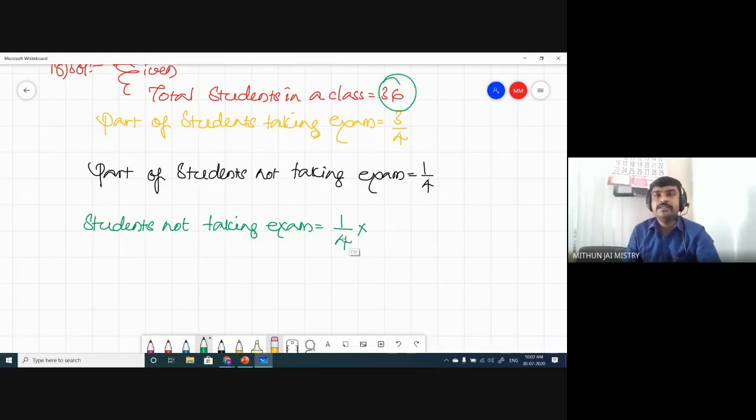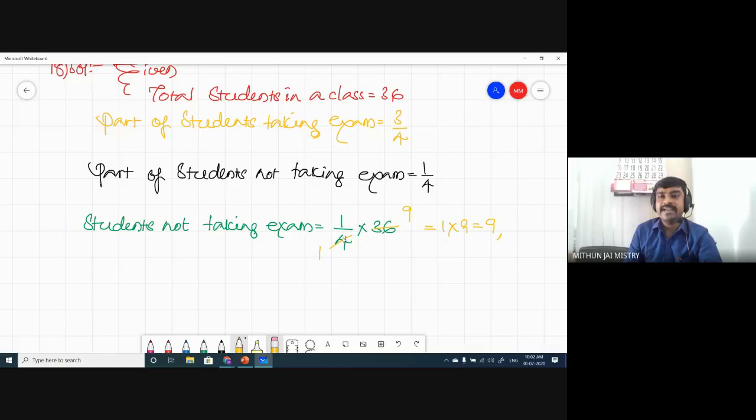Total students are what? 36. So 1/4 of 36. Here I can do the cancellation like this. 4 1s are 4, 4 9s are 36. So what is 1 into 9? 1 into 9 is 9. 9 students are not taking exam. So check your option. Option A is your answer.